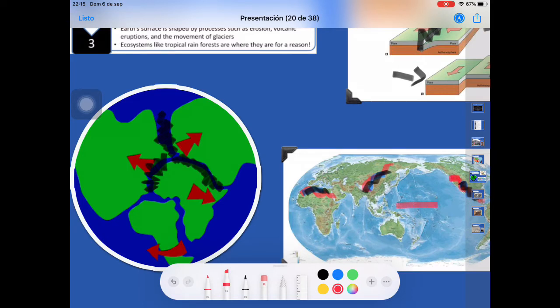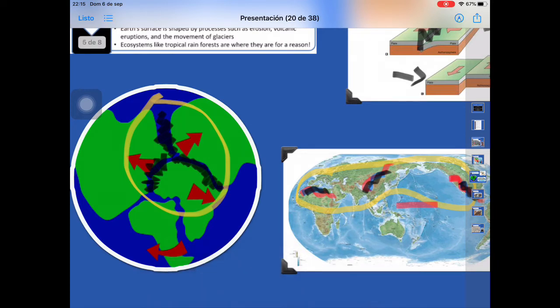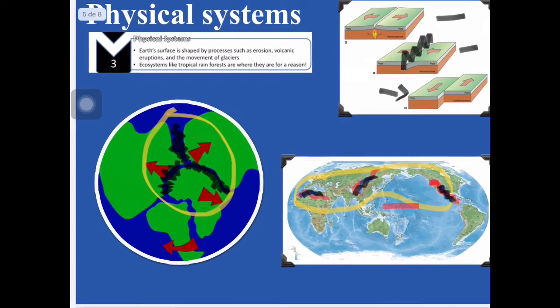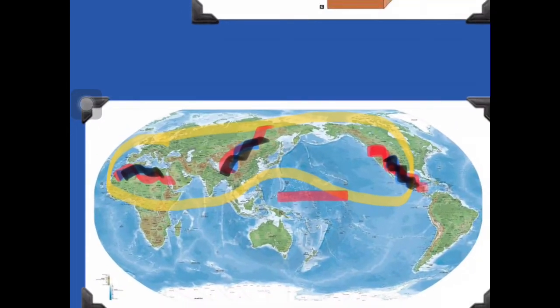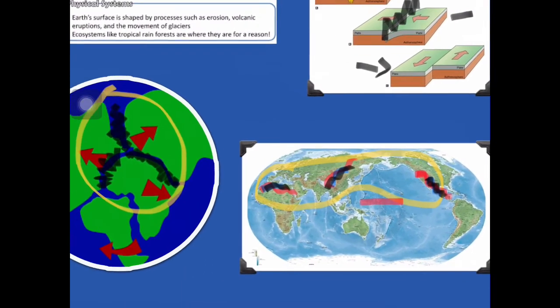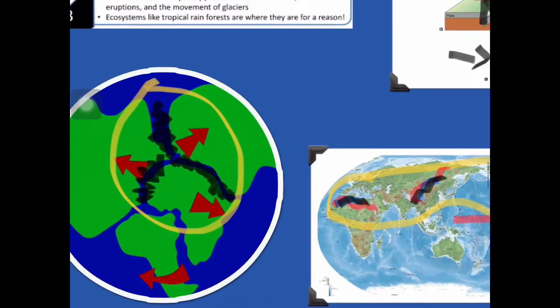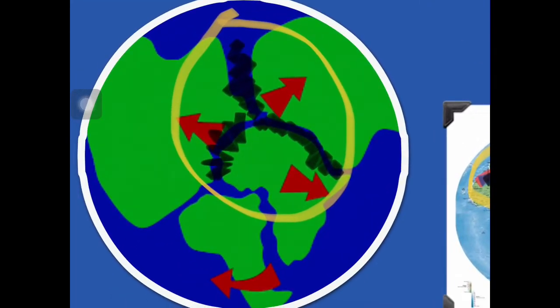So what we may think is that all these places were once together, and that these lines were once joined in one same mountain range, right? So these pieces that we have over here, these pieces of mountain and the moment in which they were formed, will allow us to think that all these places were once together.